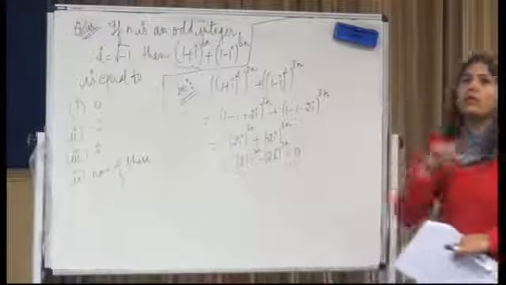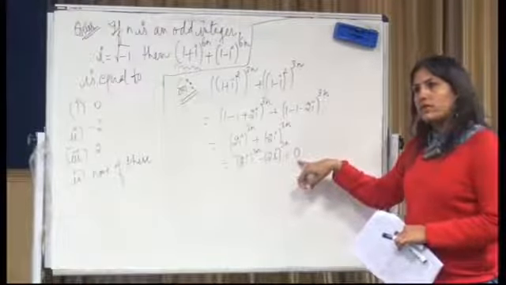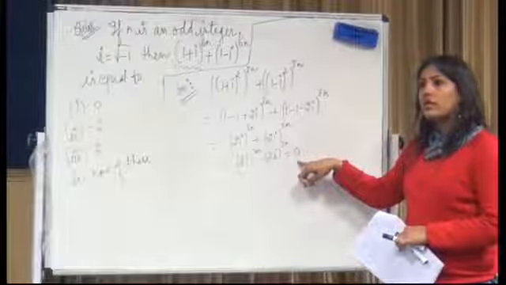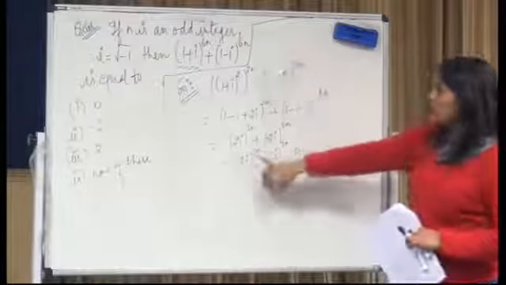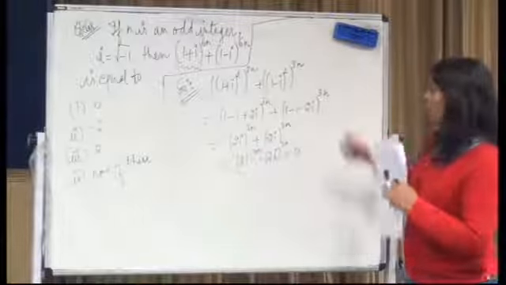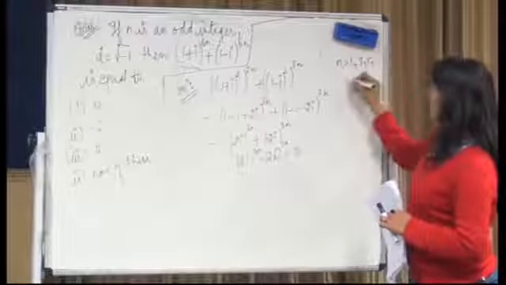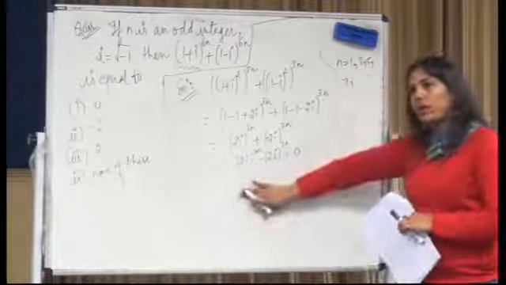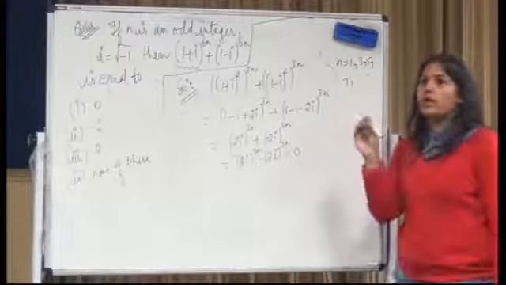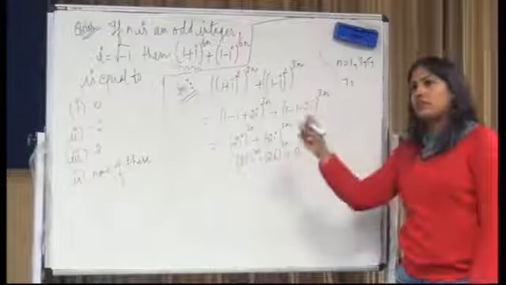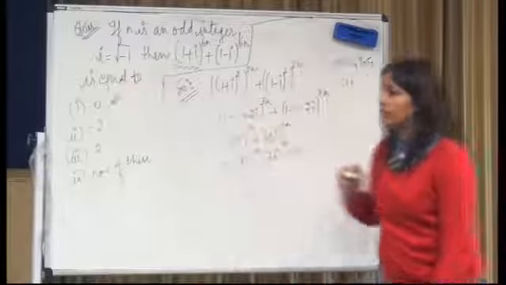There will be no n where the answer will differ, because in general I am writing that for every n this holds. So n is odd. Any odd number you take, for every odd n, this will be 0 only. It is not that for 1 it is some other answer and for 3 it is some other answer. So this is the answer.